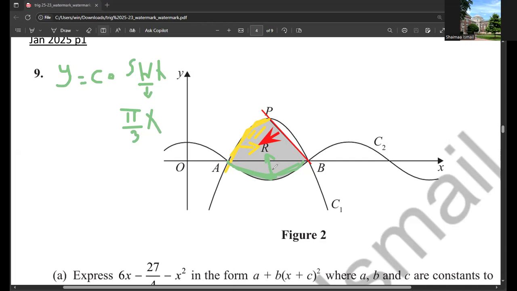And here we said we are going up, so y will be more than cosine pi over 3 x. Okay, and that is the first equation.